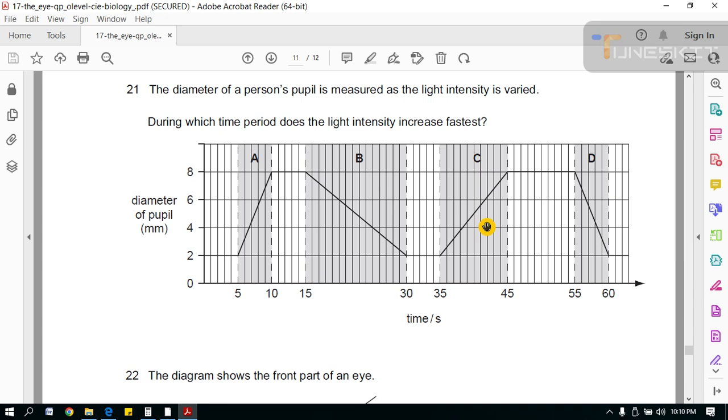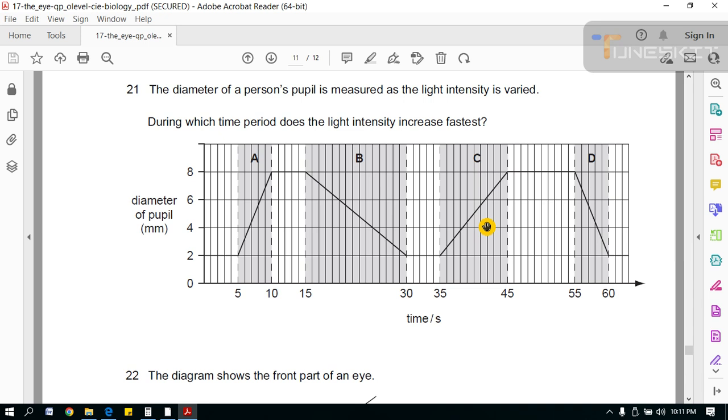A and C, both these are excluded from here, but you have to focus on B and D. In case of B, the line is going down, it is declining, but this line is not much sharp as compared to D. In case of D, the line which is going down is much sharper as compared to B, right?